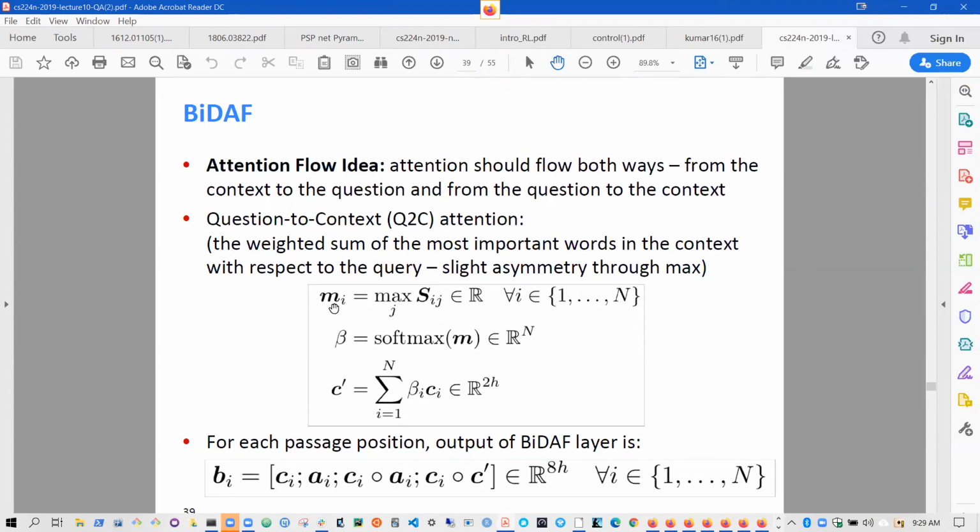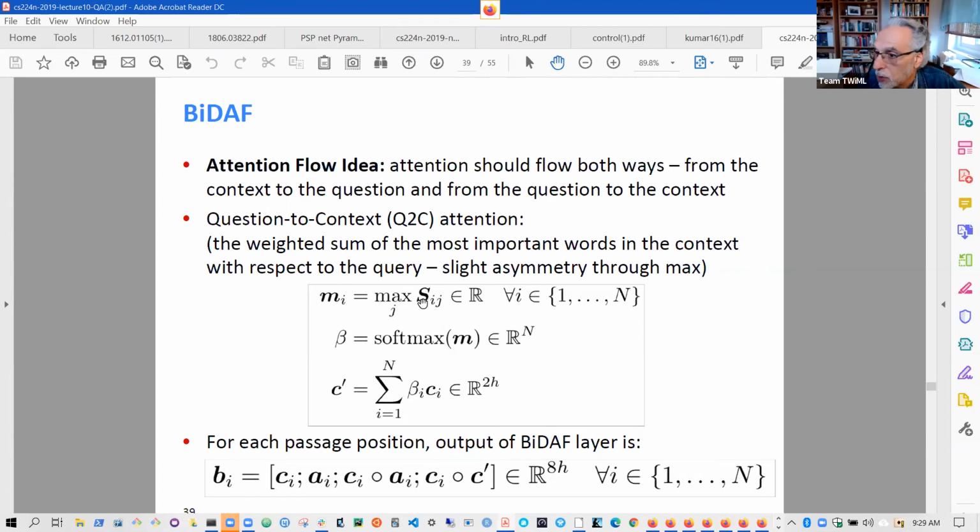So the Z itself is just the vector constructed from the maximum element in each row, and that's what we call the M vector in the Stanford lecture. And then you're right, more processing happens. We end up calculating a weighted average of the context words.